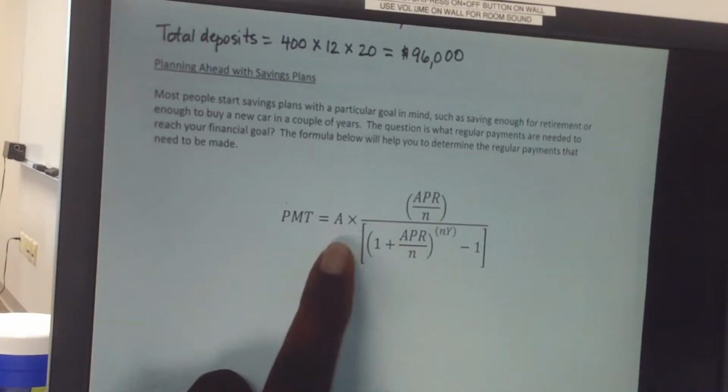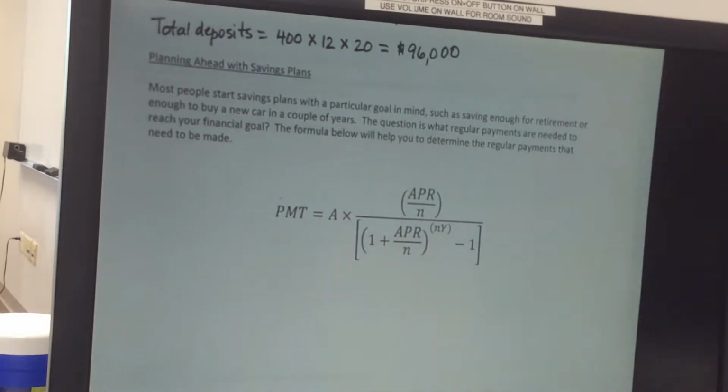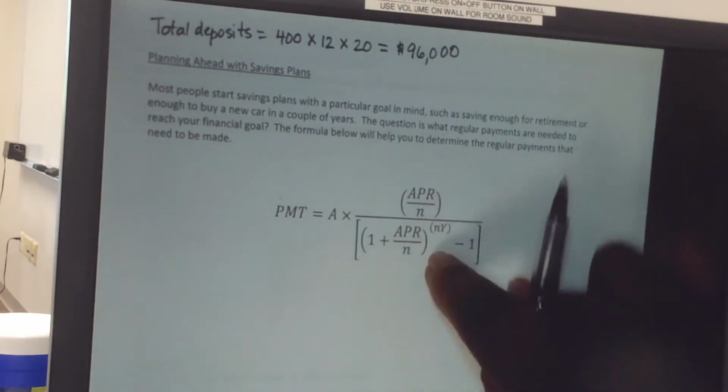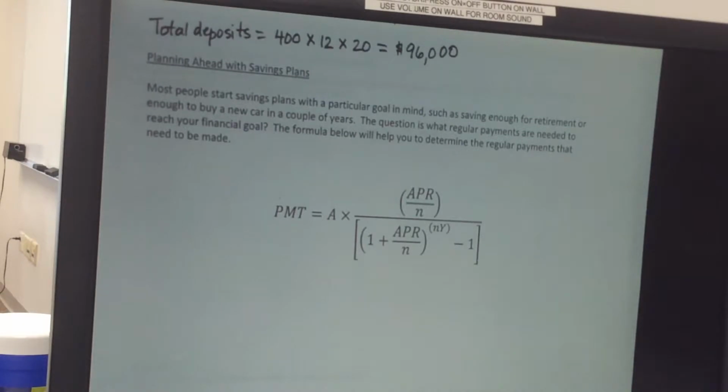And it's equal to A times the quantity of APR divided by N divided by the quantity 1 plus APR divided by N raised to the N times Y minus 1. Basically, this part right here is just getting the PMT by itself using algebraic manipulation.